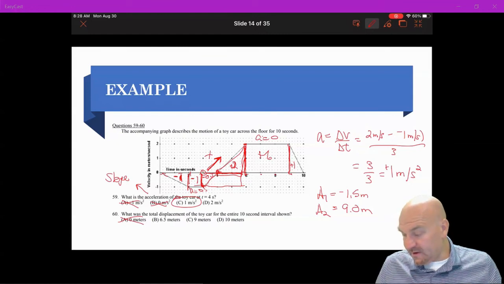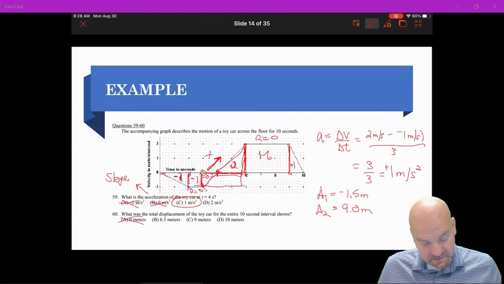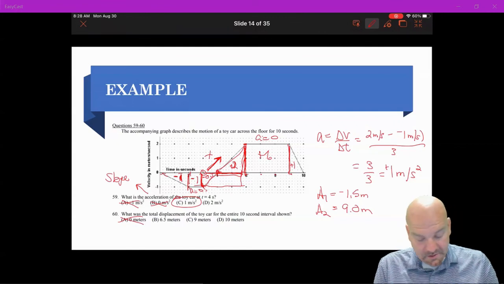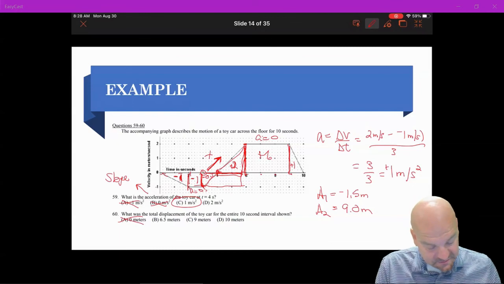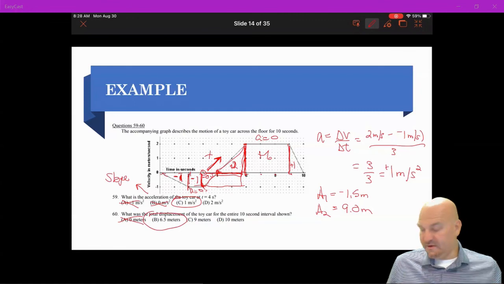So if I add all those up, -1 plus -1 plus -0.5 plus 2 plus 6 plus 1. Okay, and lo and behold, I thought it equals 7.5, but it actually does equal 6.5.